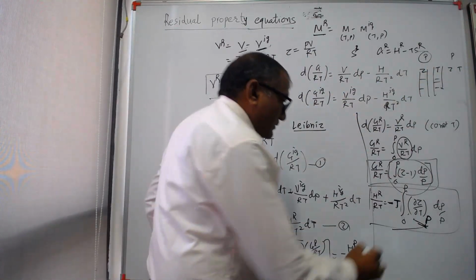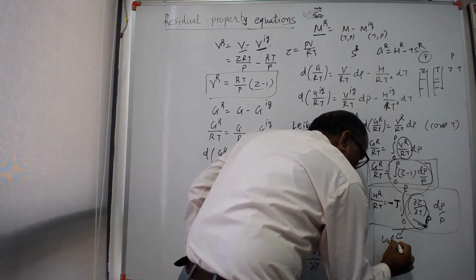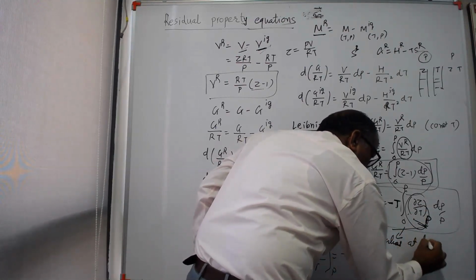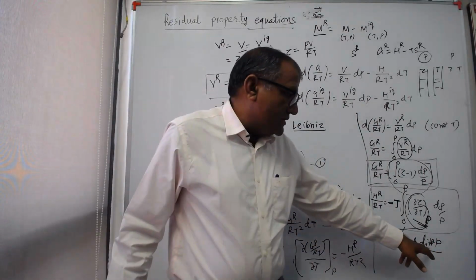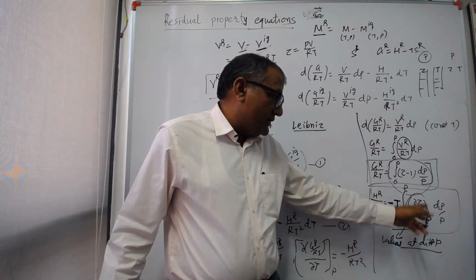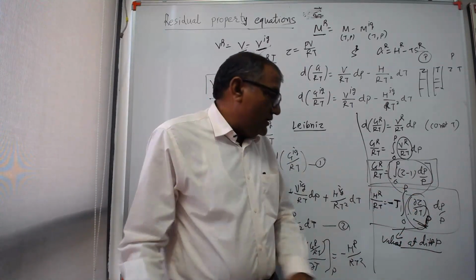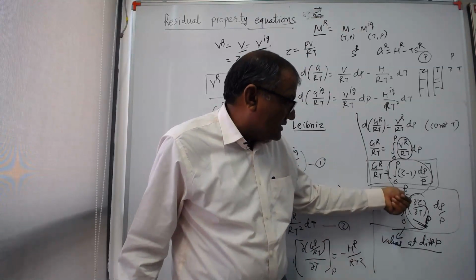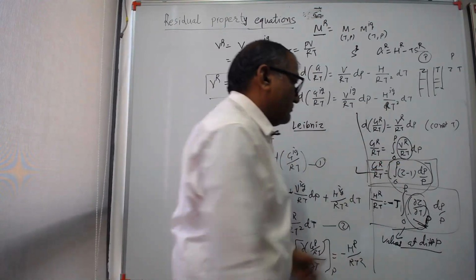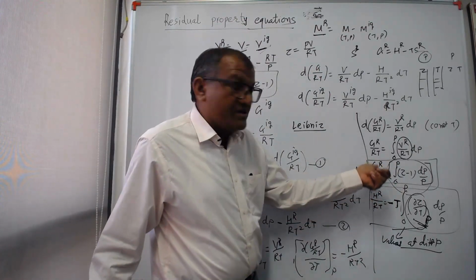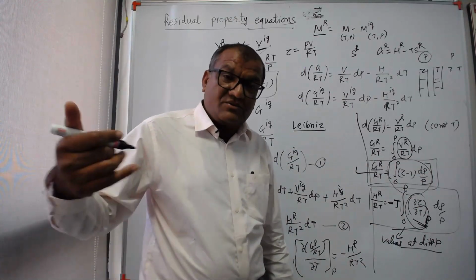So this derivative has different values at different P, and those values are integrated using this integration. This is very important: you should remember this equation, GR upon RT equals the integral from 0 to P of Z minus 1 dP by P.